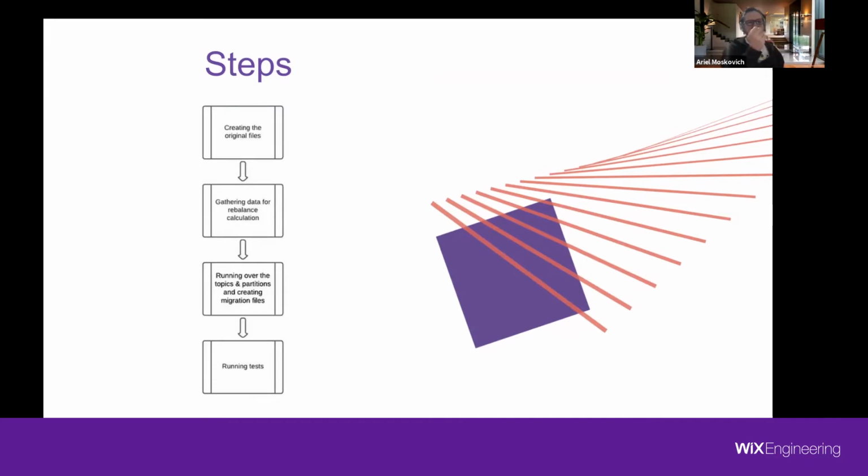We then take those original files and extract some data from them that will help us calculate the minimum movements that I need to do for each topic in order to get into the balanced state.